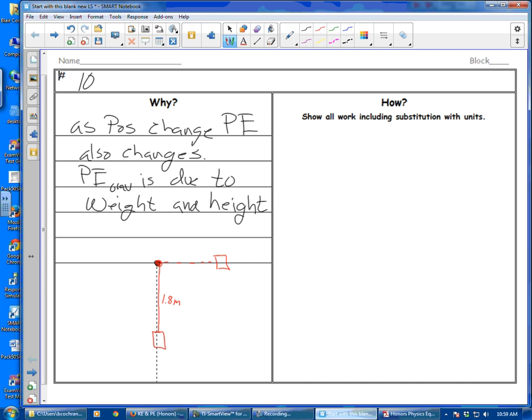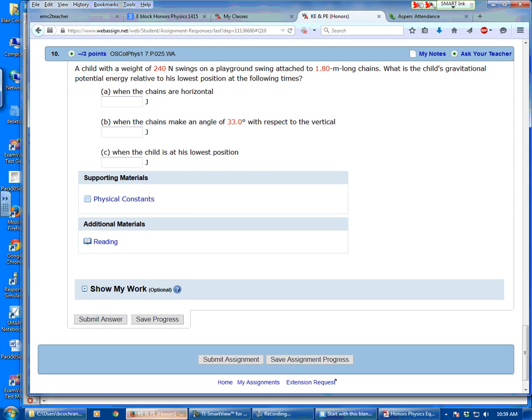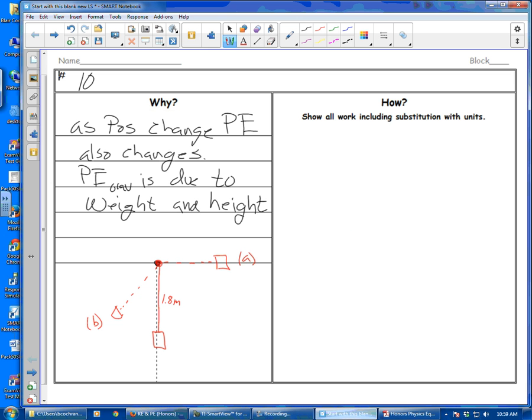This is situation A. This is situation B. And this is situation C, and they're telling me that the potential energy gravitationally at this point is 0.